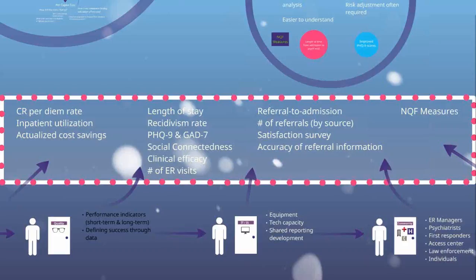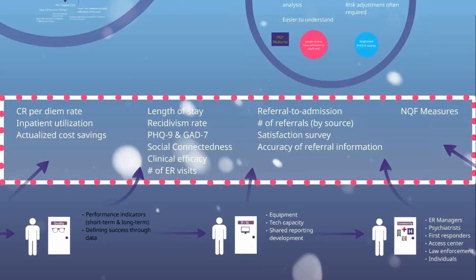But when we benchmark it across regional averages, state averages, national averages, that's where we can really get a sense of, oh, we're doing well, or oh, goodness, we are way out of whack here. So remember, one single data point is not going to be near as valuable as if you can benchmark it to the performance of others or yourself over time to show where you fall performance-wise.